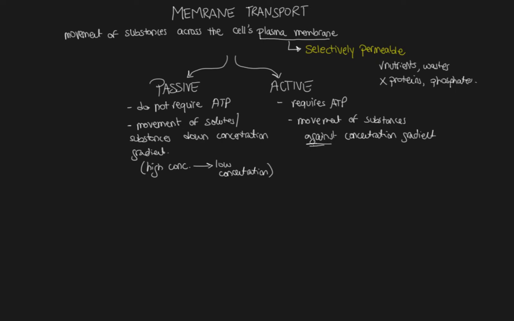And the term against the concentration gradient implies that substances are moving from their area of low concentration, so where there is few of that substance, to an area of high concentration. And so this direction will require ATP or energy. So let's start with the different types of passive processes.